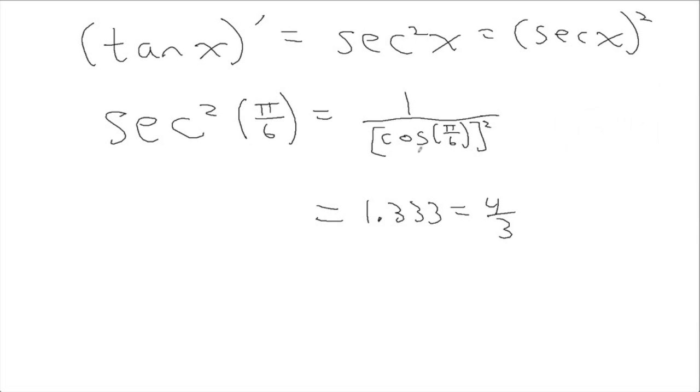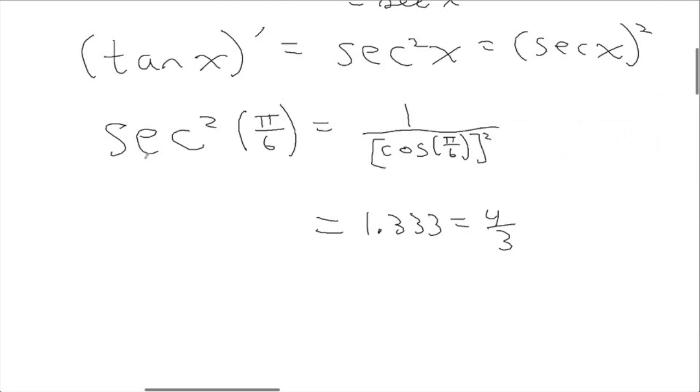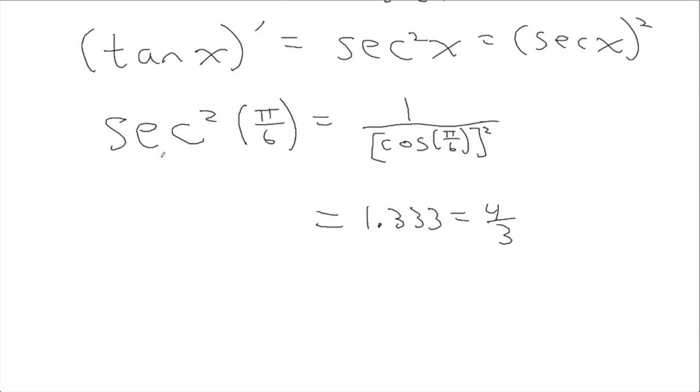Okay, it looks like you got that correct. Of course, we would never want to confuse this with sine squared. That's something to watch out for there. Okay, well, that was a little digression. Let's go back to this expression here. How would you express this equation in words? The derivative of tangent of x equals secant squared x.